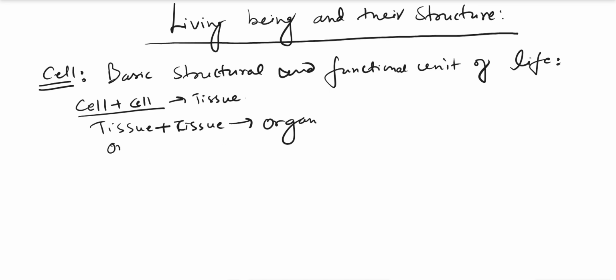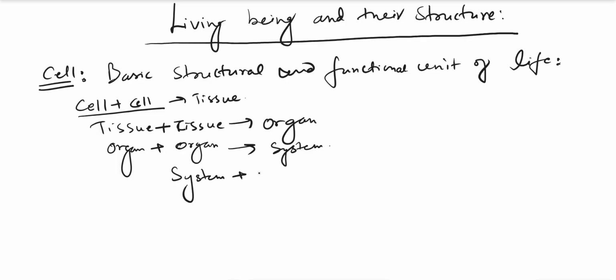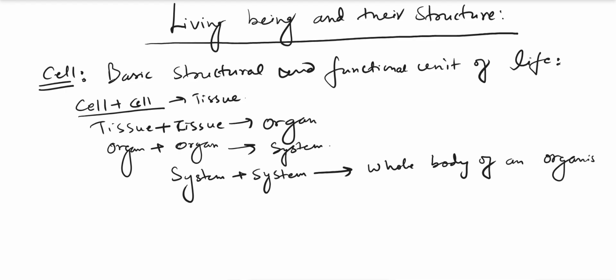And when an organ combines with another organ or a group of organs, they will form a system. And the system, when combined with another system, will form the whole body of an organism.